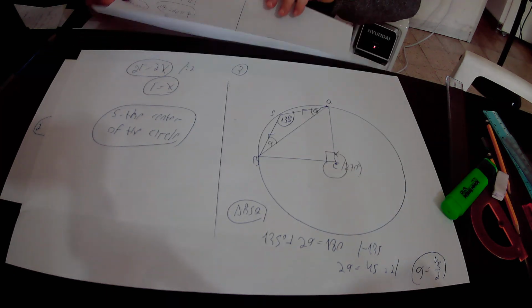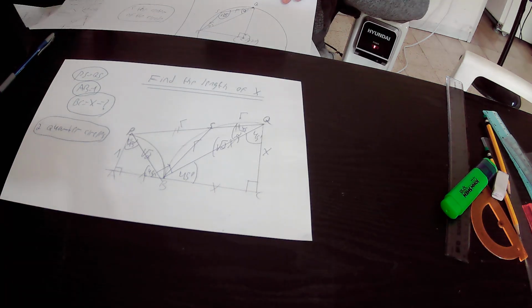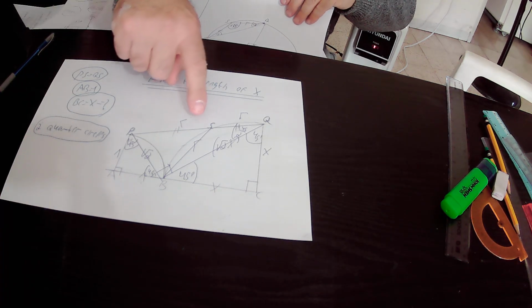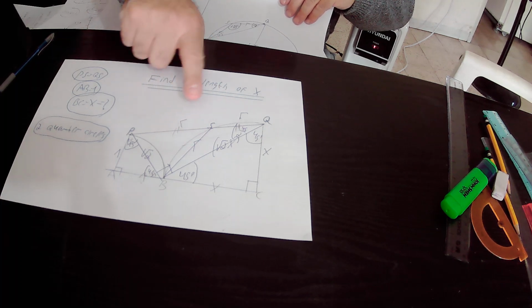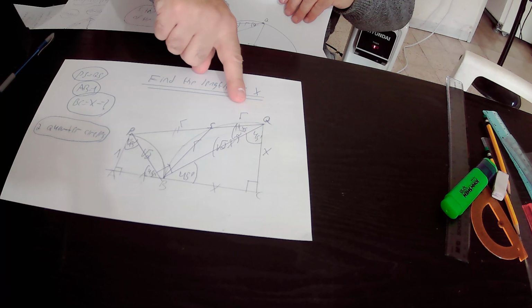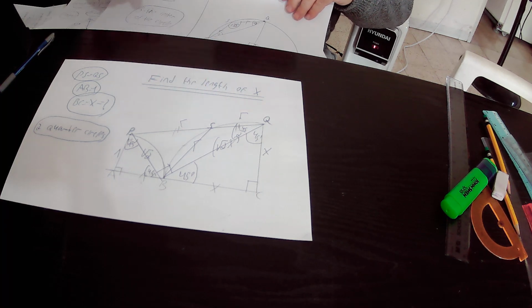Okay, so here SB is the radius of the circle that is equal to R, and SQ also equals R. All three line segments are equal to each other. They are all the radii of the previous circle.